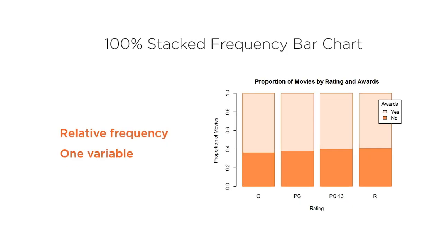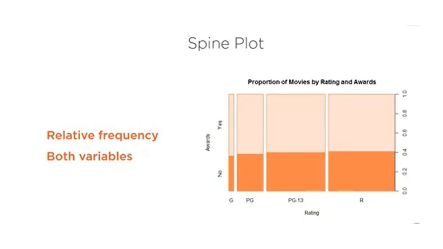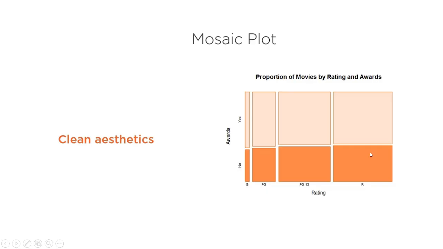This is only converted to a 100% stacked frequency bar chart, so everything is converted to 100 percent. Spine plot: here you can observe that 100% is converted, but if you observe the width, by width we are comparing these four bars with each other. So this is the addition.